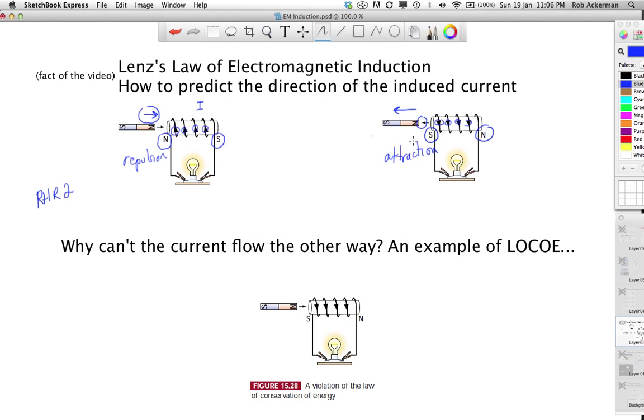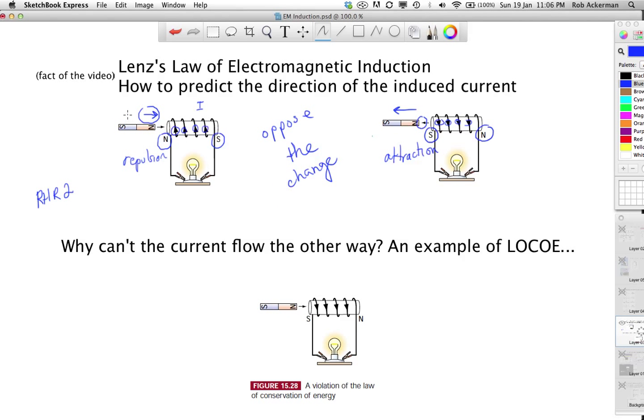What is the solenoid, what is the helix trying to do? If you were to summarize it, you could say that the current and its associated magnetic field is trying to oppose the change.